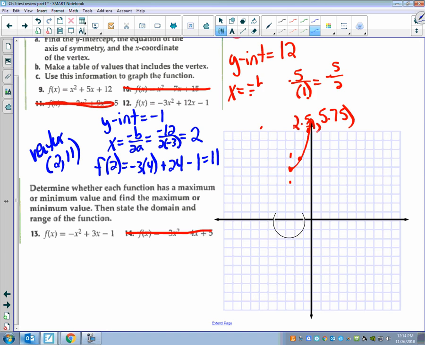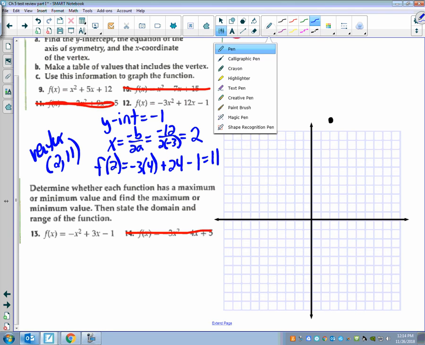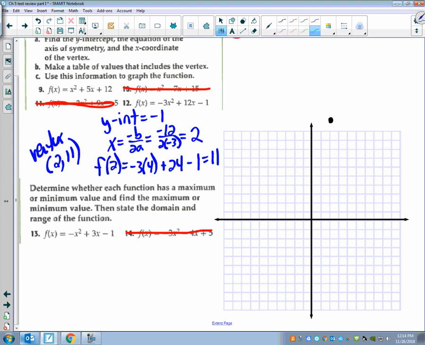So if I was going to graph this, I'm going to erase this part. Now my vertex is at 2, 11, which would be up here. I can't just go down 1 over 1 on this one. I am going to go down because it's negative. But the 3 means that the 1-3-5 rule is now multiplied by -3, if you want to think about it, which means instead of going over 1 and up 1, I could go over 1 and down 3.